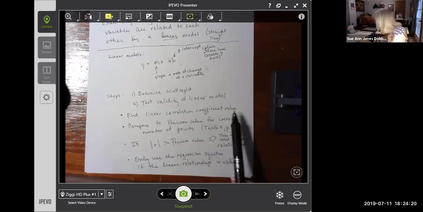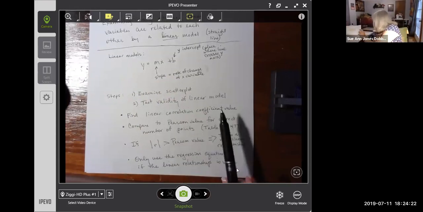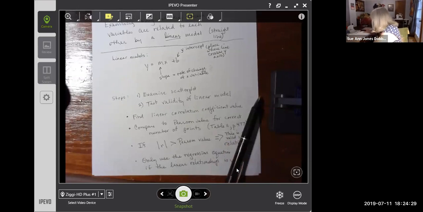It has a grisly formula, which is on page 473 in the textbook. Now, you will never have to calculate that. Both the calculator program and StatCrunch will give you the value of the linear correlation coefficient.